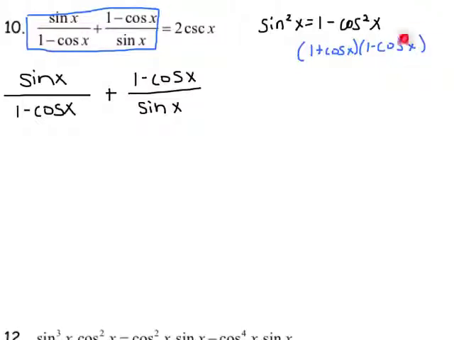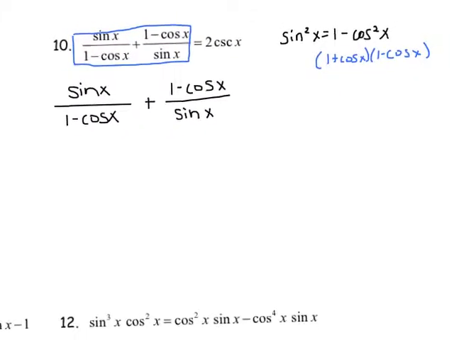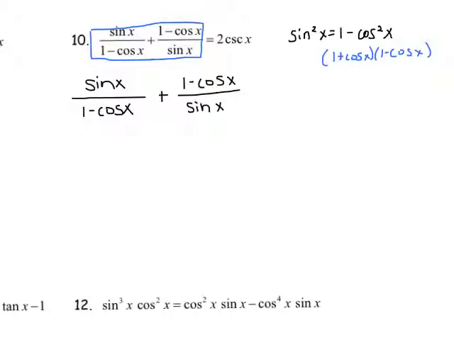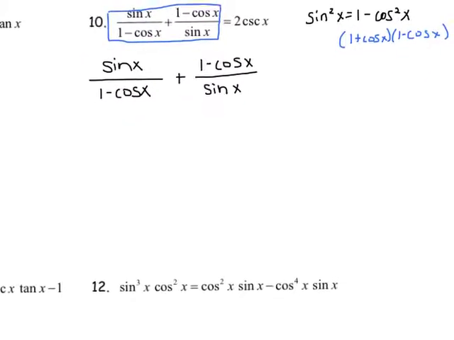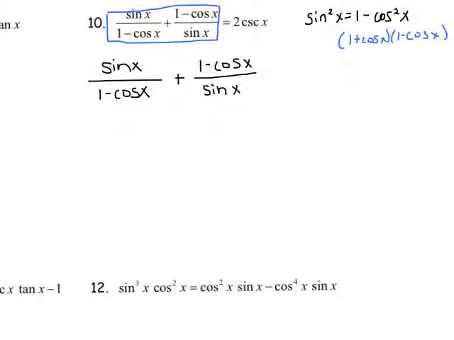So this is the factored version of this. So what this represents is the difference of squares of this. Okay? So what we're going to try to do is use that in helping us.